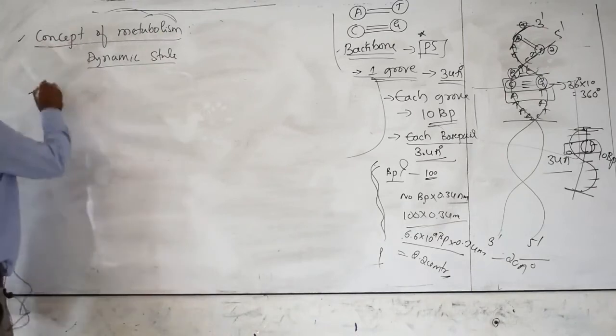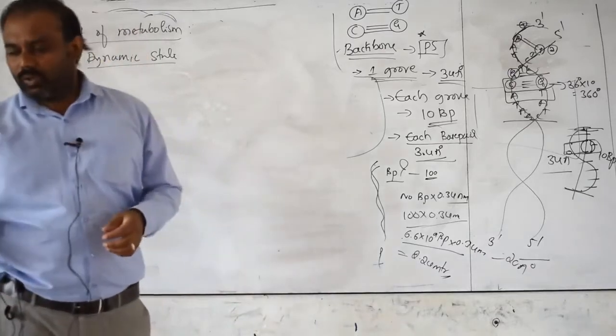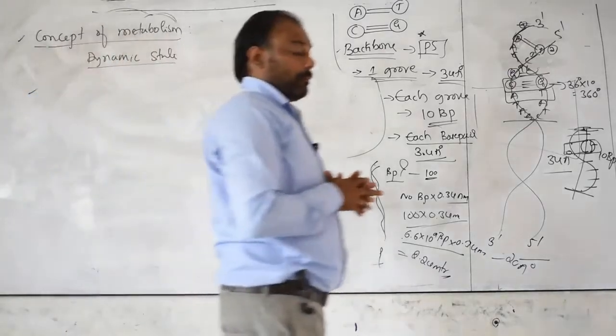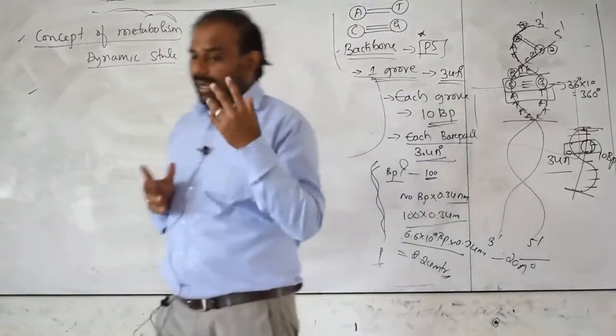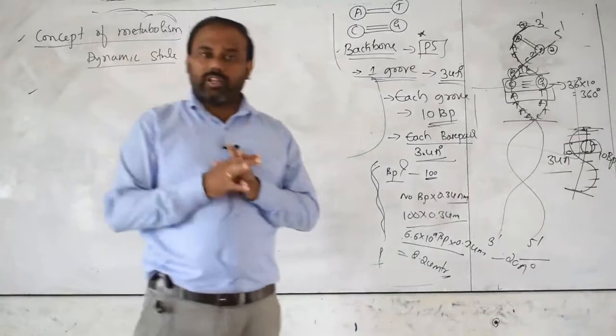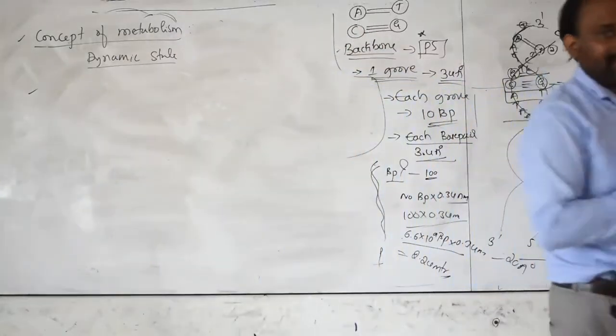I mean to say that when you go to hospital, you check your blood glucose level, blood calcium level, creatinine, lipid level, fatty acids level, ketone bodies, sodium level, magnesium level, iron level.